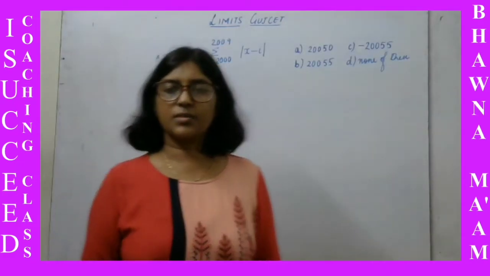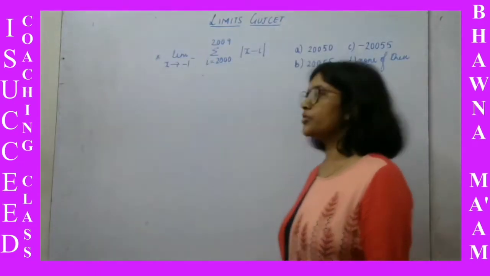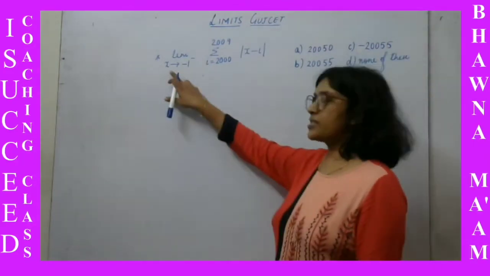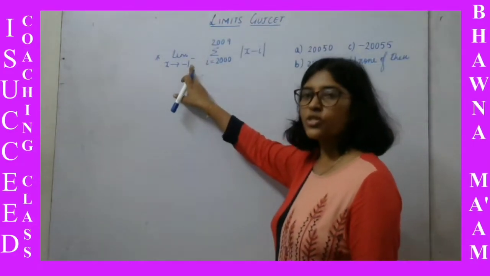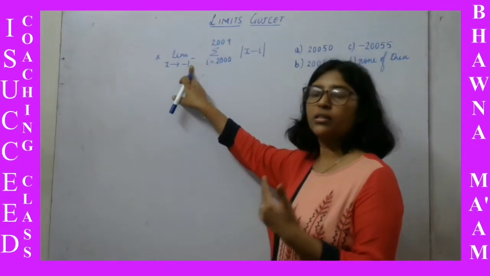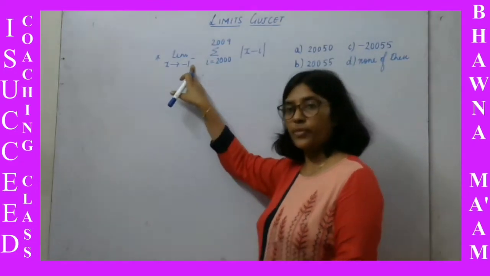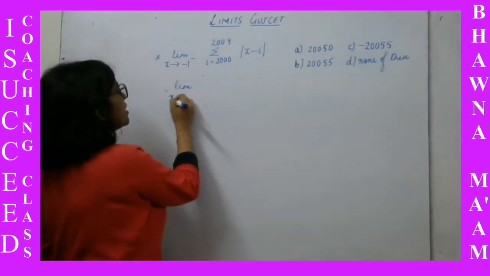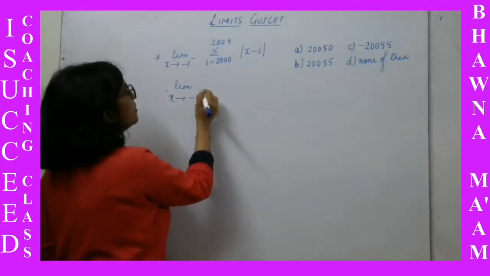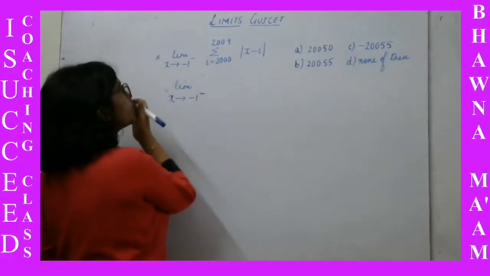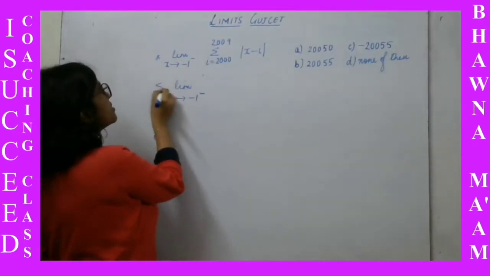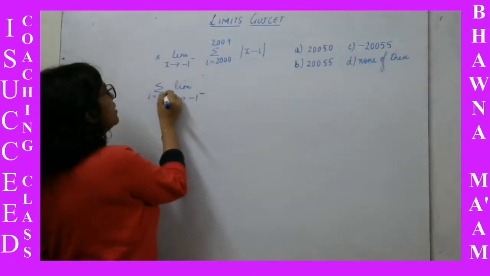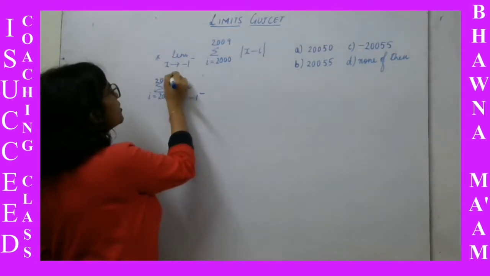So with the concepts and the formulas done, let us begin with the first question. Limit x tends to minus 1 minus means we are looking for the left hand limit. That also means value smaller than minus 1. So let's take this limit x tends to minus 1 minus. We'll put the summation outside because the summation is for i and the limiting value is for x.